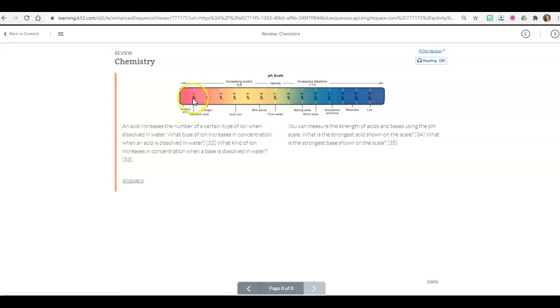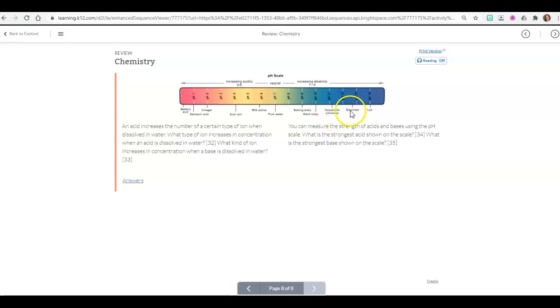If it has a pH of 1, it is very acidic. If it has a pH of 14, it is very basic. So going up the scale here, it is increasing in alkalinity, and that would be baking soda, hand soap, things that feel slippery when you put them on your hands, like conditioner in your hair.